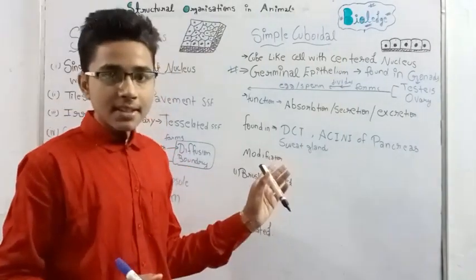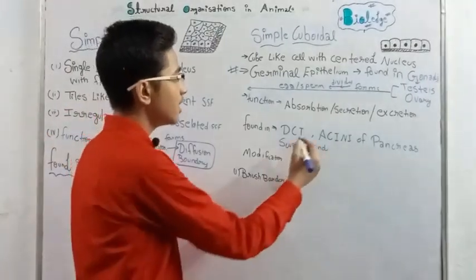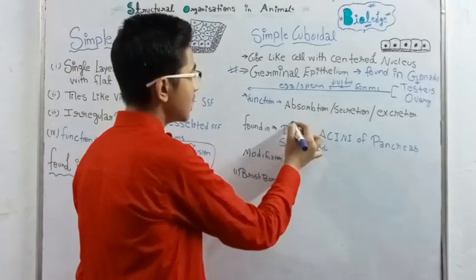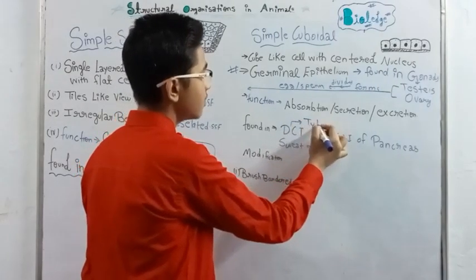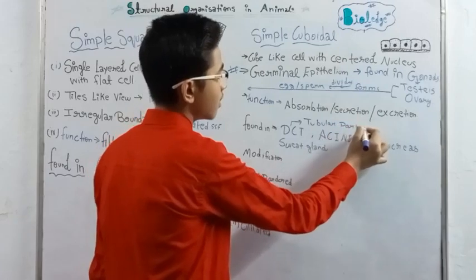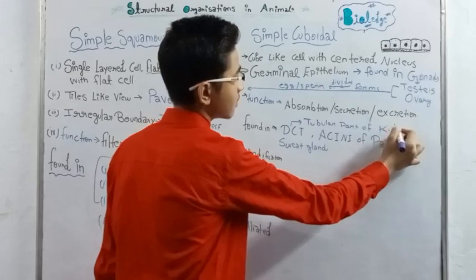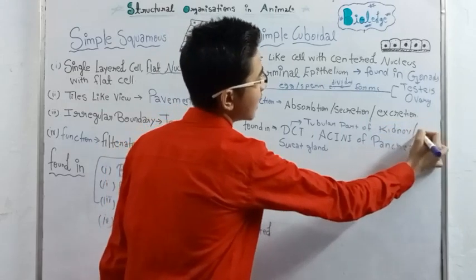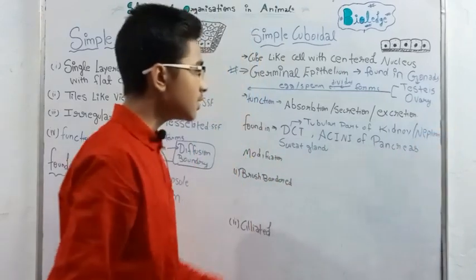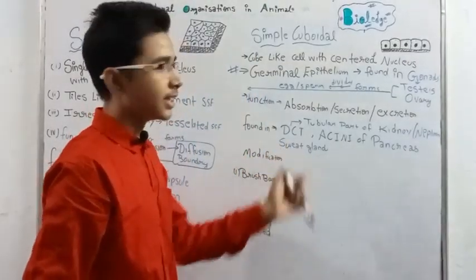Let's discuss the location of them, where they are found. So they are found in DCT. What is DCT? DCT is actually the tubular part of the kidney, or the nephron. Then the acini of pancreas, then in sweat glands.